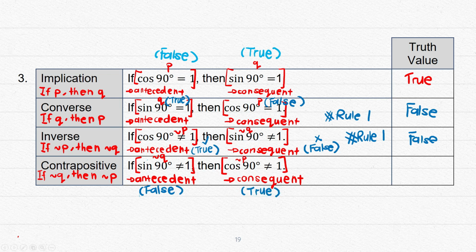Now we determine which rule we apply, rule number 1 or rule number 2. We look at the antecedent. Rule 2, yes. What does rule number 2 say? Can you explain to me?